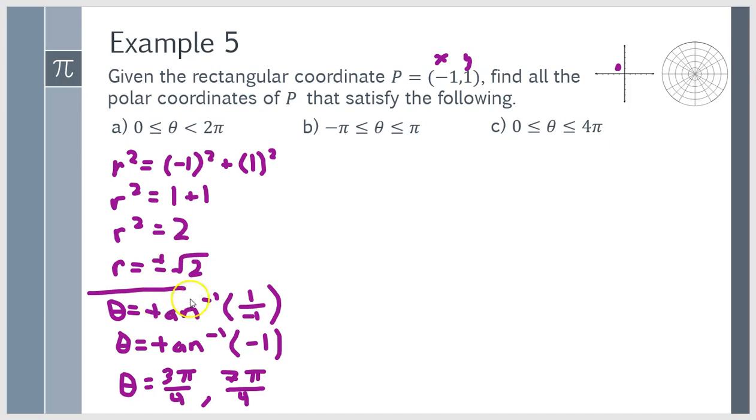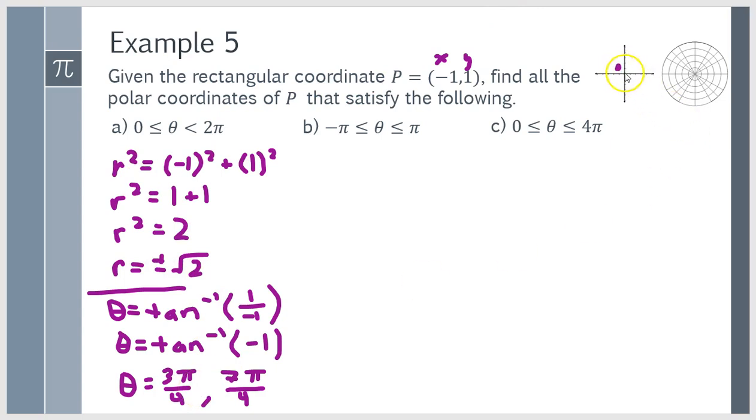Then I solved for theta by doing tangent inverse of y divided by x. Well, 1 divided by -1 is just -1. And if you look at your unit circle, the 2 angles where a tangent value has -1 for an answer, that happens at 3 pi over 4 and 7 pi over 4. So now I have 2 different theta values. So the next thing I instructed you to pay attention to on the notes was to say, how do we know which r value pairs with which theta value?